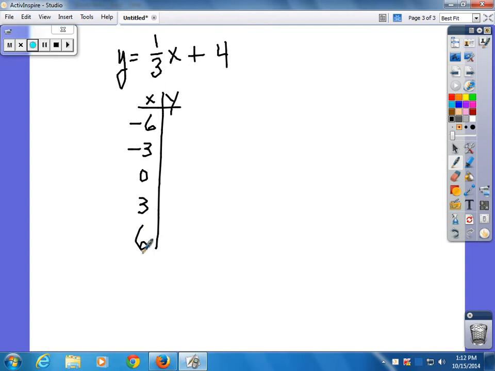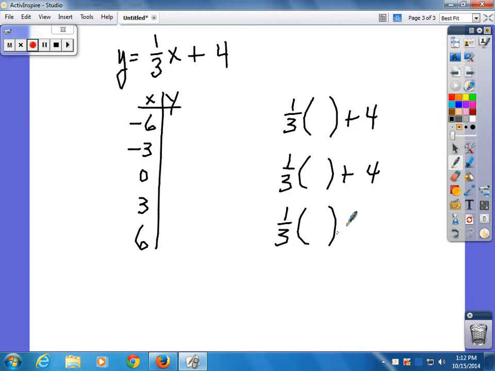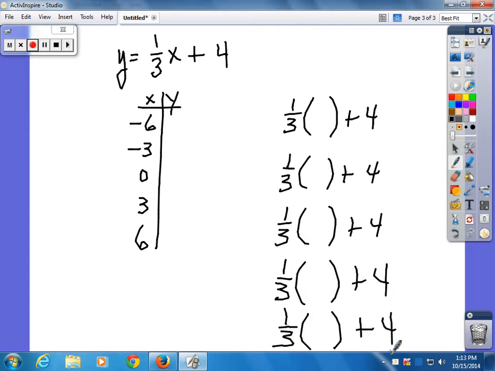So I'm going to plug and chug: 1/3 times blank plus 4, for each one. We put -6 over 1, -3 over 1, 0, 3 over 1, and 6 over 1.